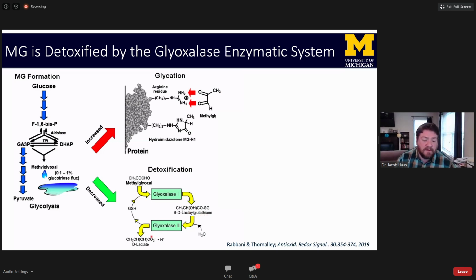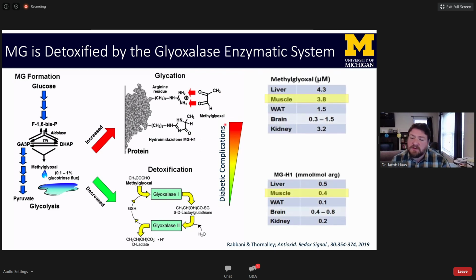SD-lactoylglutathione is then picked up by glyoxalase 2, or GLO2, combined with water, and converted into D-lactate, and then the glutathione is recycled. So you can imagine that when we have a tip in the scale towards glycation and decreased detoxification, diabetic complications would become more prevalent.